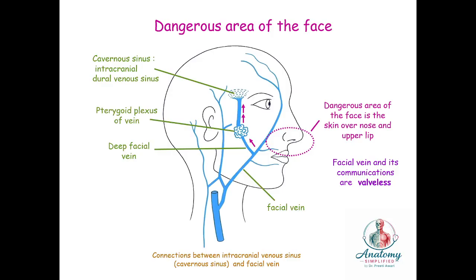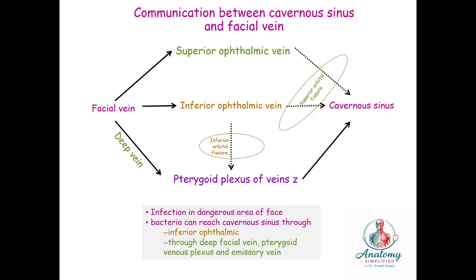So, to simplify, let us try to understand again. The facial vein can communicate with the cavernous sinus through many ways. I have shown them here, but I am explaining only the pterygoid plexus of veins. So the facial vein is connected with the pterygoid plexus of veins through the deep facial vein, and from here the emissary veins are carrying venous blood to the cavernous sinus.